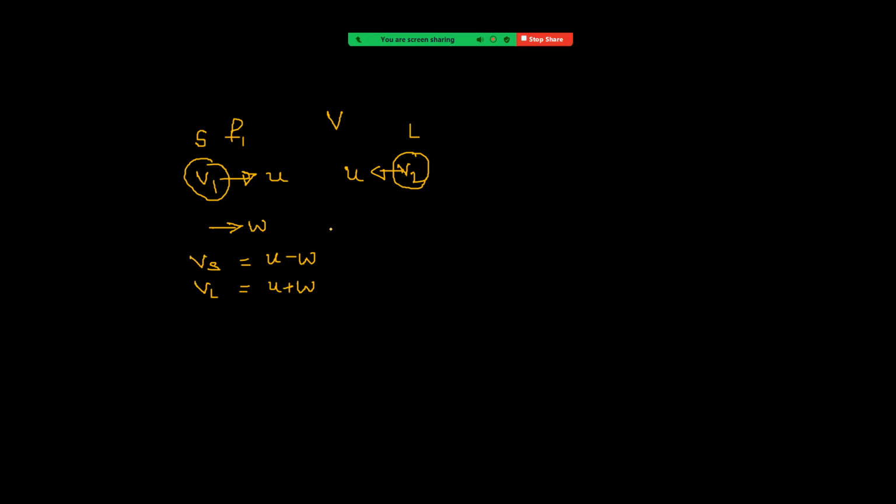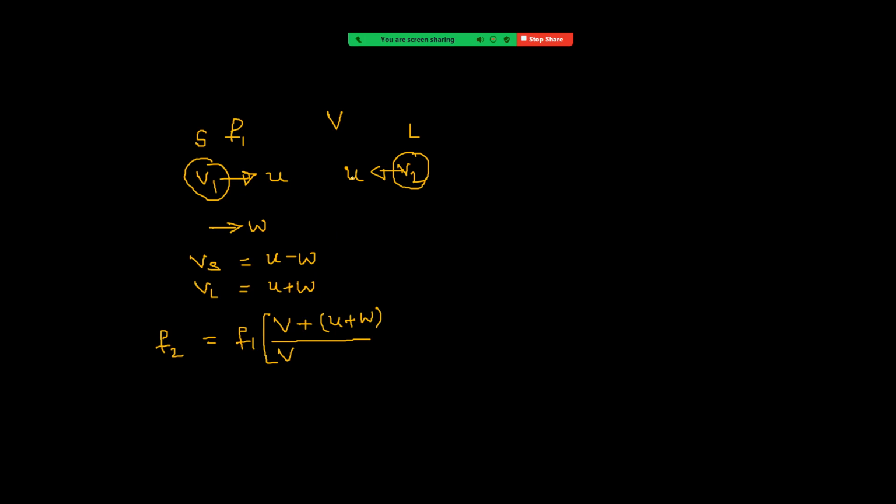Now coming to our result, the frequency observed is equal to the original frequency f1 times v plus the velocity of listener, u plus w, which is towards the source, divided by v.